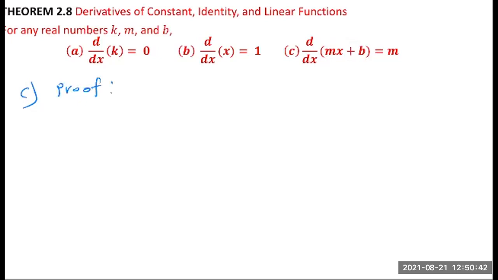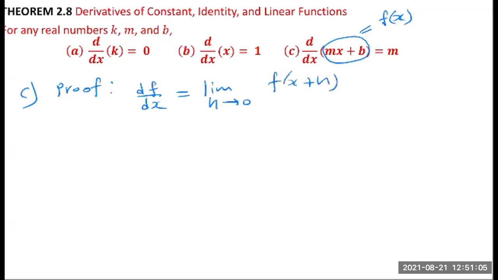Well, to prove that, I'm going to take this function to be f of x. I want to find the derivative of f of x. That means f prime of x, right? So we have df over dx. By definition, we have the limit as h approaches 0 of f of x plus h minus f of x, divided by h.